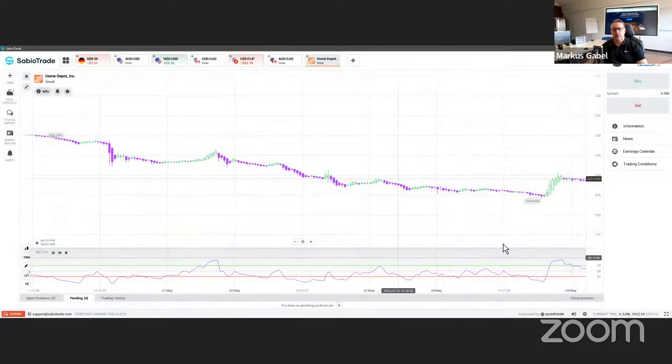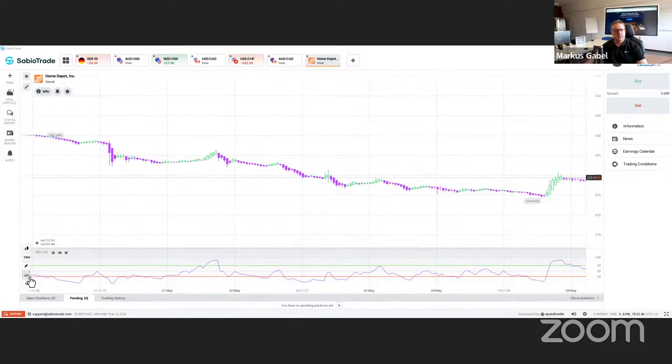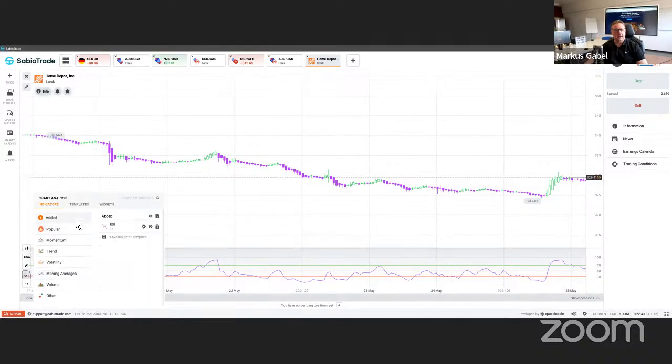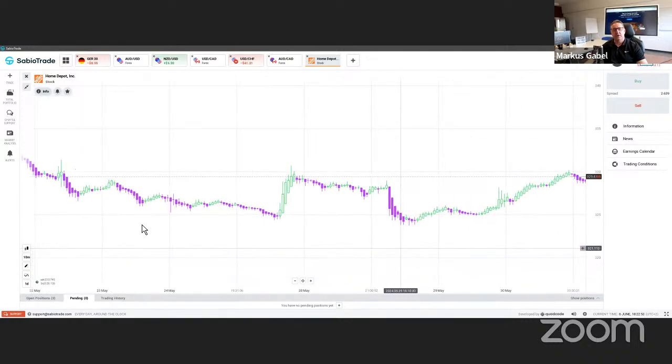And then you have it here on the lower side. So this is a little bit interesting, right? So now you can see it's going up and down and sideways and down and up, which means we need to understand how an indicator is really working. So we delete it for the moment, actually, because maybe we use it later again. So now you see where you can find it in your Sabio trading room, by the way.